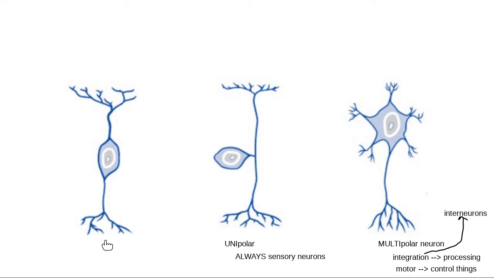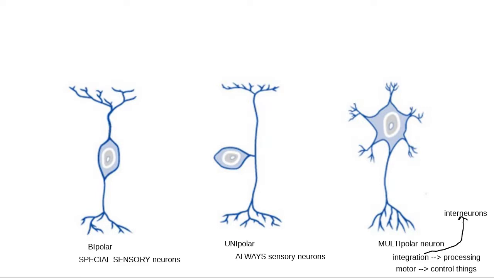Bipolar neurons, like this one over here, are the least common kind of neuron in the body. Bipolar neurons have two extensions, one up here with the dendrites, one down here with the axon. These are another type of sensory neuron, but we call these special sensory neurons.